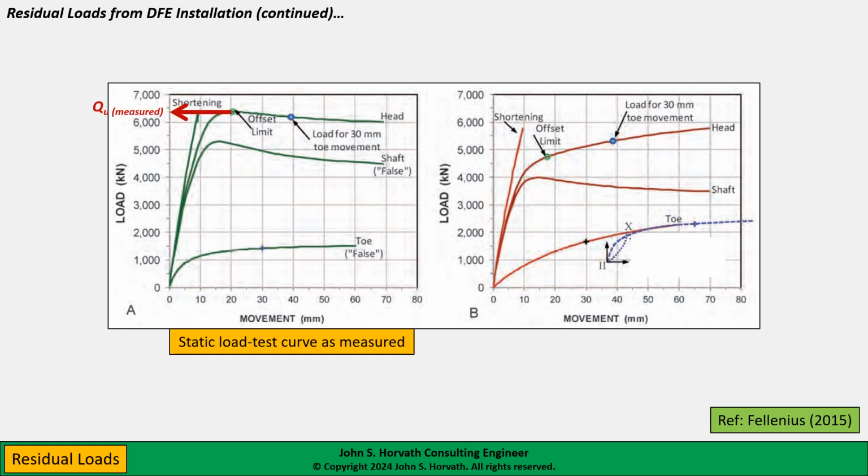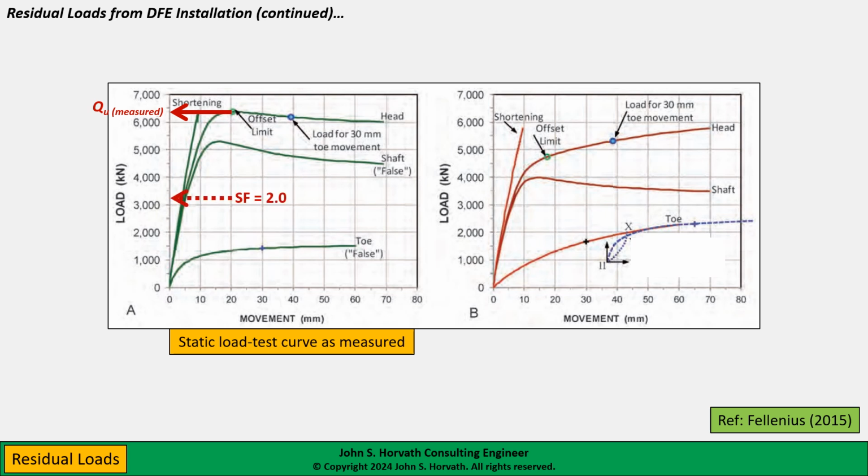Now, using the offset method that's popular in the United States, we would interpret this curve to say that the failure load, quote unquote, is about 6,400 kilonewtons. And by the way, this 30 millimeter toe movement to define failure, this is a criterion, as I understand, that is popular in at least some Western European countries. So that's why Fellenius is showing it here.